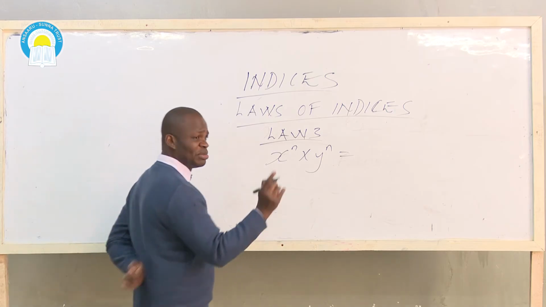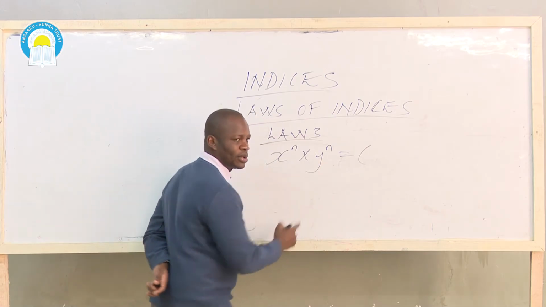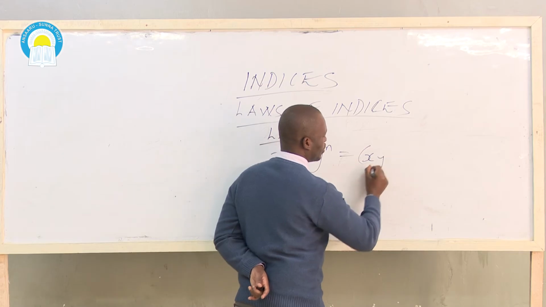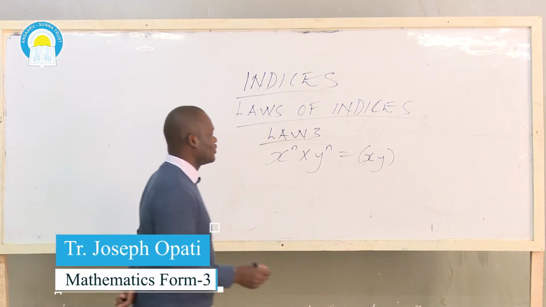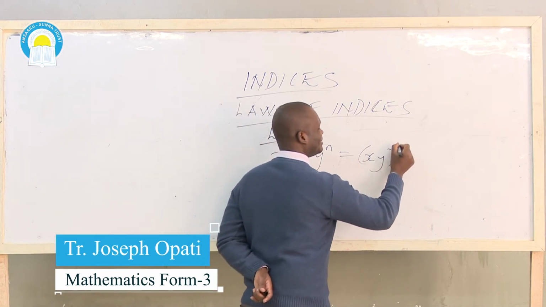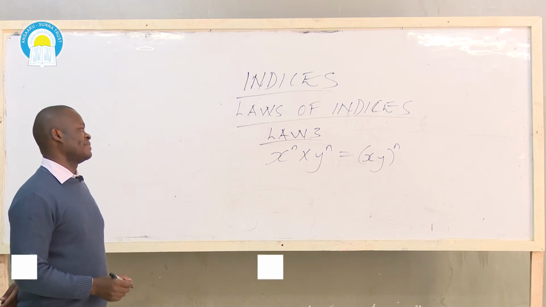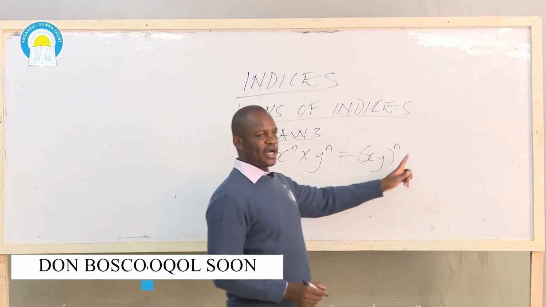What do you do? This will be the outcome. The outcome will be the product of the bases. What do we have? x, y. And then that product would assume that similar power. So you get x power n times y power n, which gives xy power n.